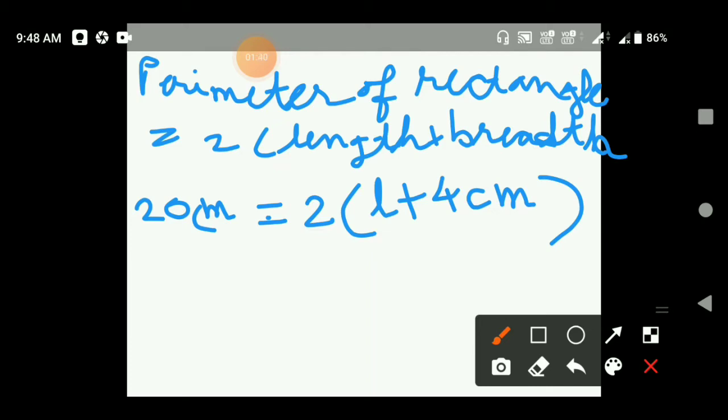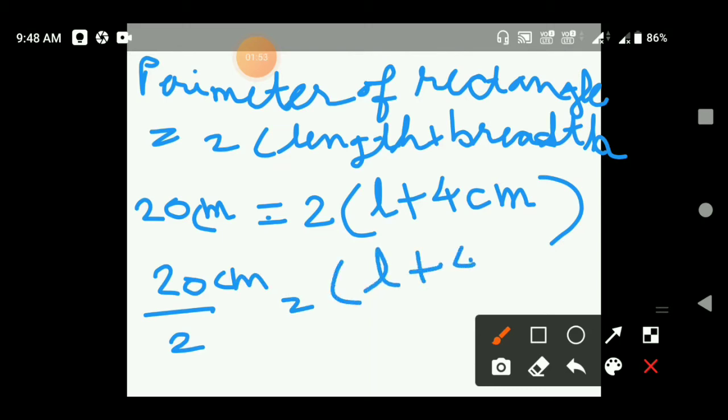So here 2 will interchange to the left side, so 20 divided by 2 is equal to L plus 4 centimeter. And if we divide 20 by 2, we will get 10 centimeter. So 10 centimeter is equal to L plus 4 centimeter.